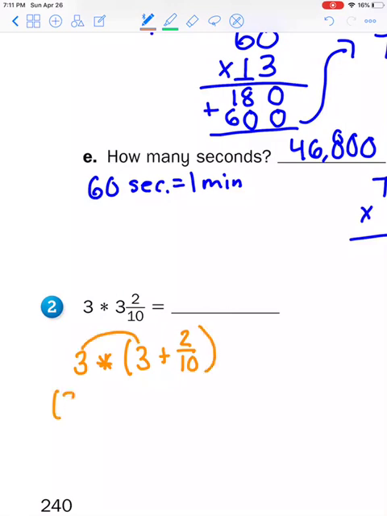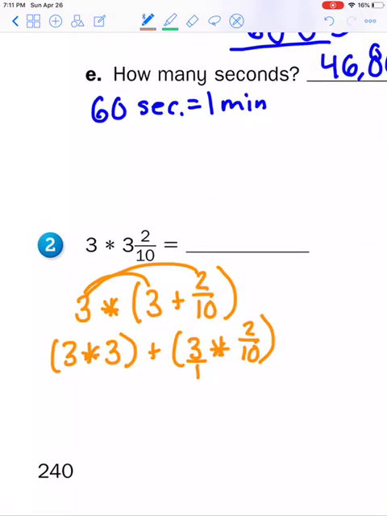And then I would do 3 times 3 plus 3 times 2/10. And I'm actually going to put the 3 over 1. So 3 times 3 is 9 plus 3 times 2, which is 6, over 1 times 10, which is 10. And your answer is 9 6/10.